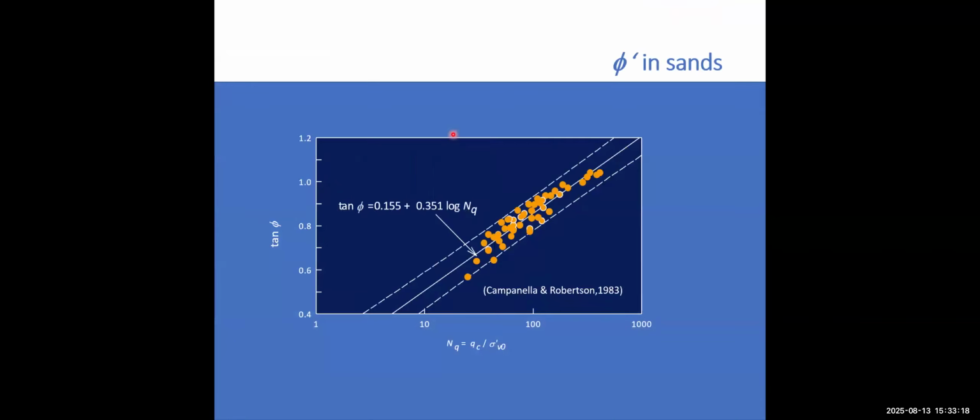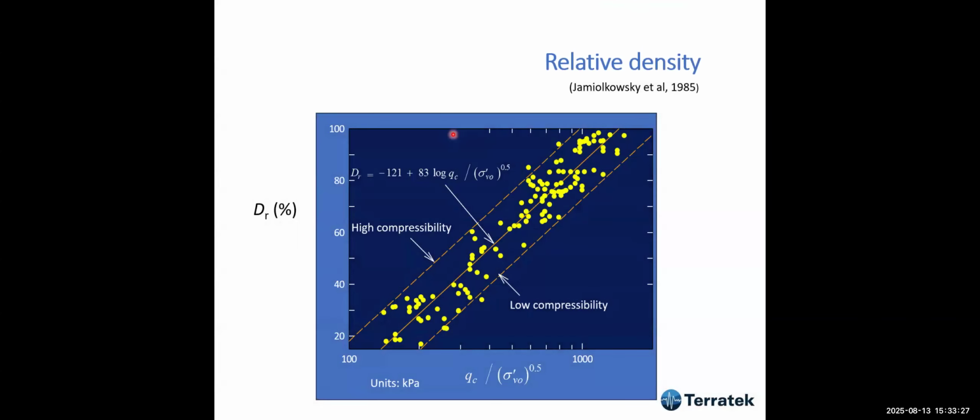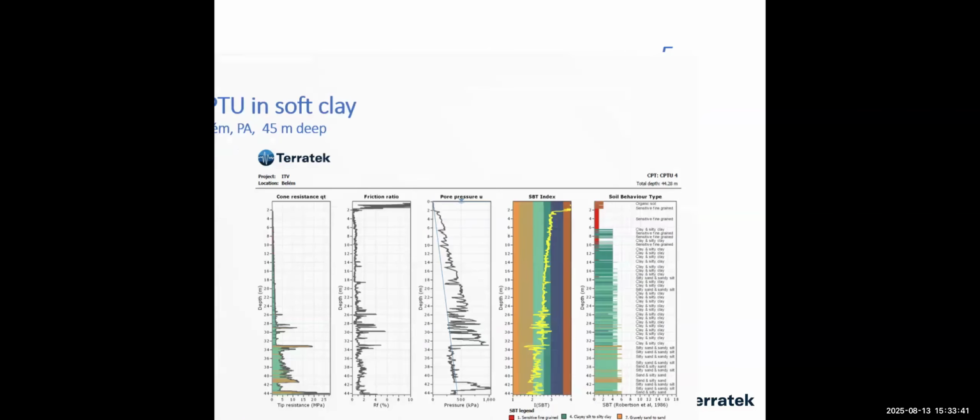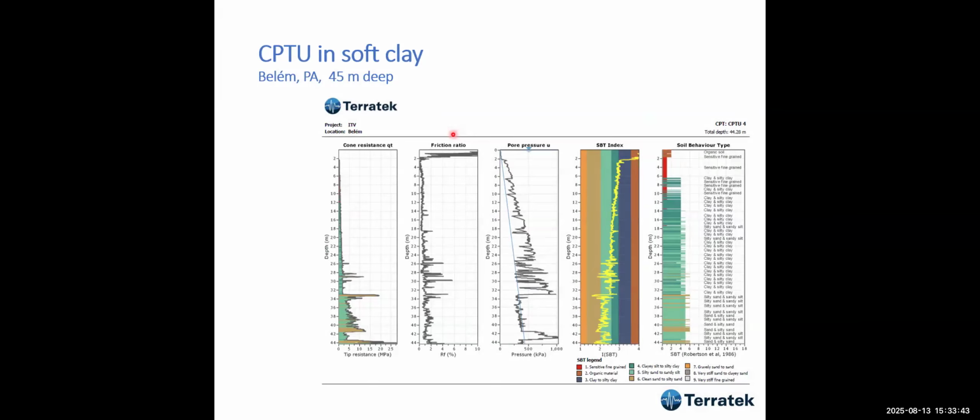This was a correlation by Campanella and Robertson in 1983, and this was relative density by Jamiolkowski 1985. So we have another correlation for E50, Young's modulus, and I show you some results.